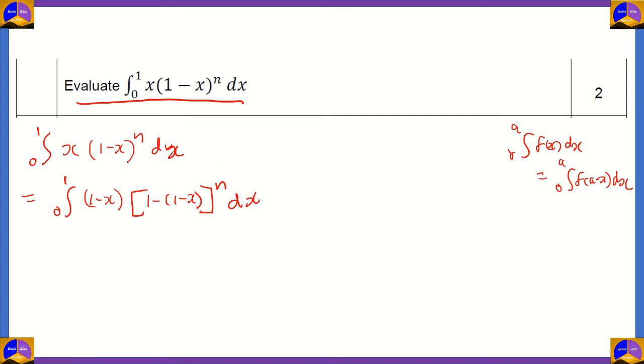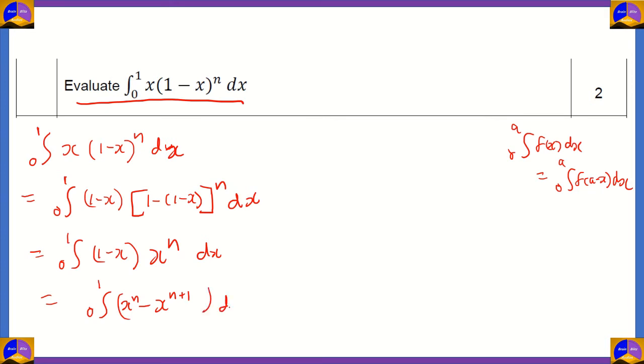Now, over here, 1 minus 1 plus x becomes just x. So inside the square bracket, the term will become x. And so we can write the integral as integral 0 to 1, (1 minus x) times x raised to n, which we can multiply through the bracket to get integral 0 to 1, x raised to n minus x raised to n plus 1 dx.